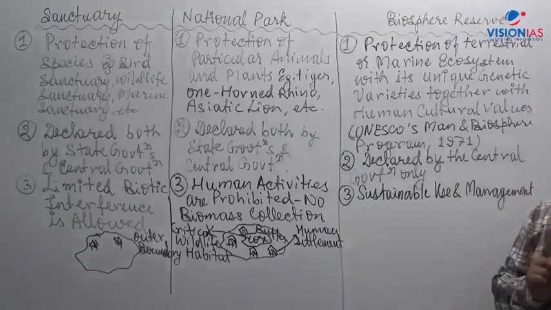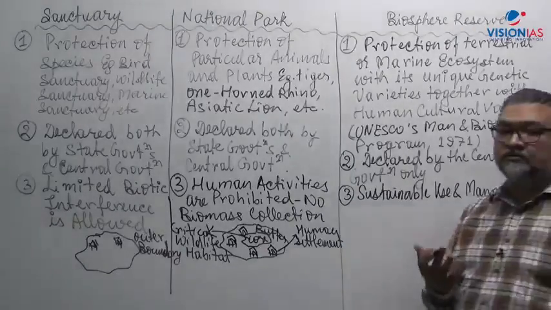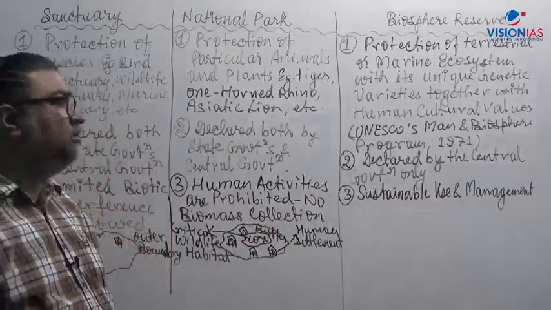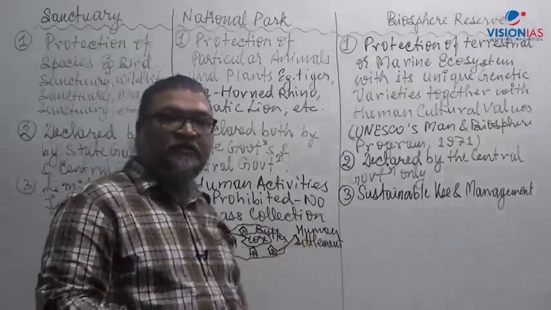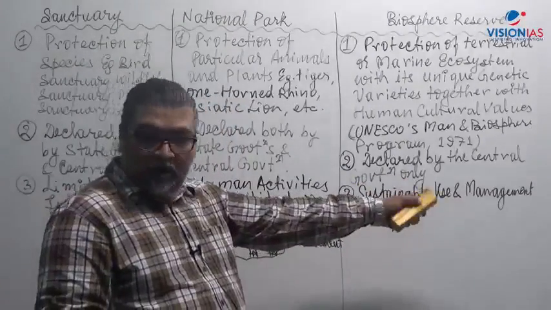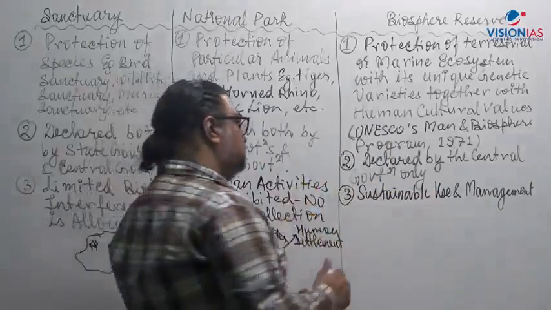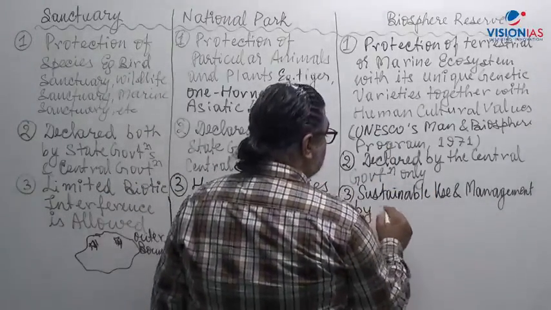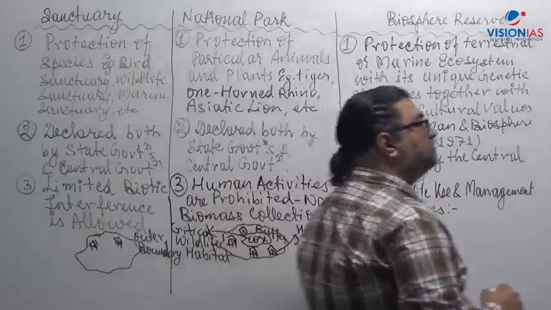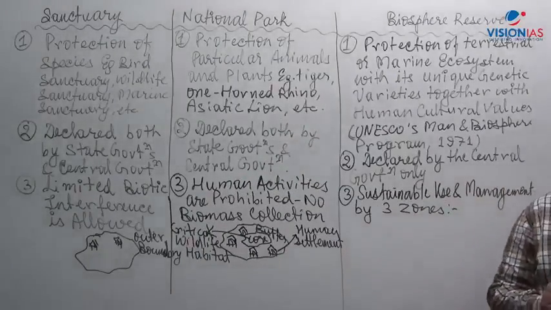The Man and Biosphere program promotes scientific research of the unique gene pool found in that particular ecosystem where the biosphere reserve is notified. So here, sustainable use and management of a biosphere reserve is by 3 zones. Under the Man and Biosphere program, 3 zones are there.